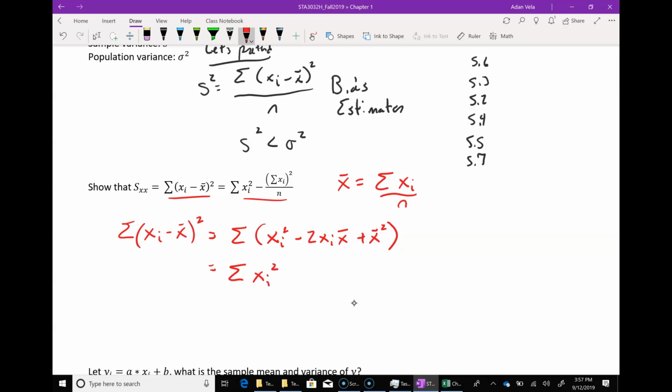The summation of xi squared, which is good because that's what we wanted. That gives us one of the things that we wanted right off the bat. Then we have minus the summation of 2 xi x bar, and just to be clear, we're summing over all the xi's, plus the summation of x bar squared.